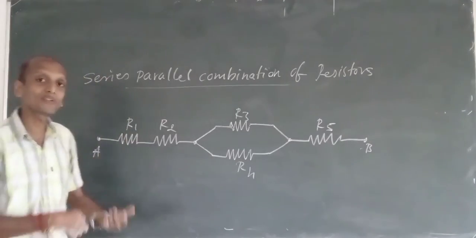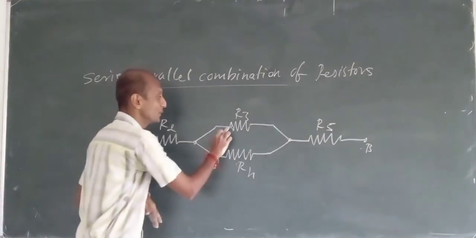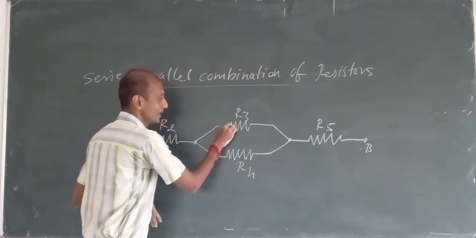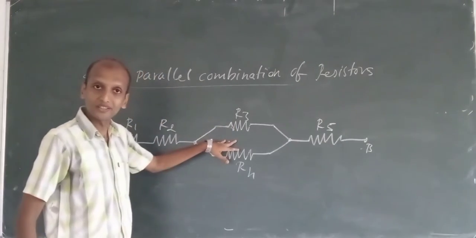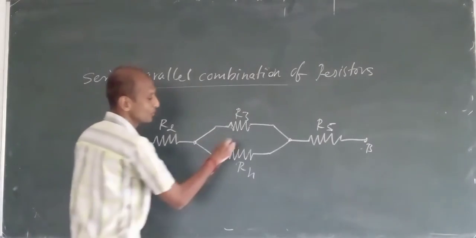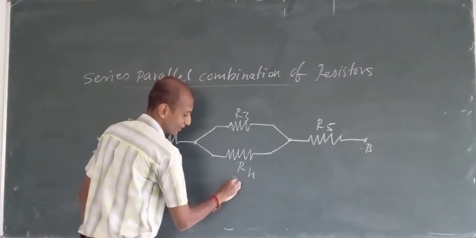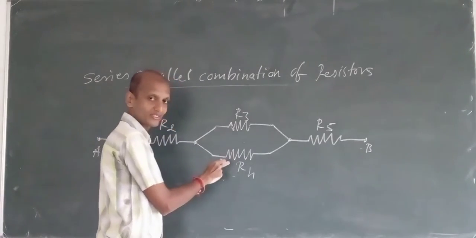To calculate the total resistance, first I have to reduce this combination. This is a parallel combination of resistance, isn't it?